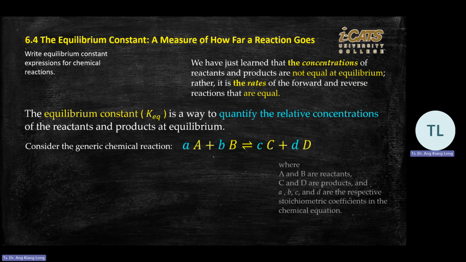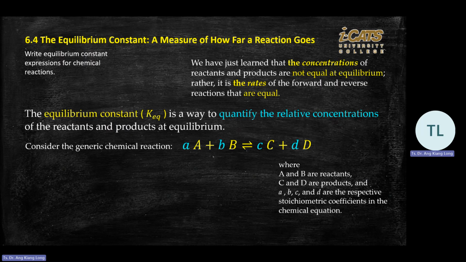Okay, so I give you a general equation first. Small a, capital A plus small b, capital B, and then there's a reversible reaction to small c, capital C plus small d, capital D. So this is what I wrote on the whiteboard just now. The blue color brackets mean concentration, which is in mole.